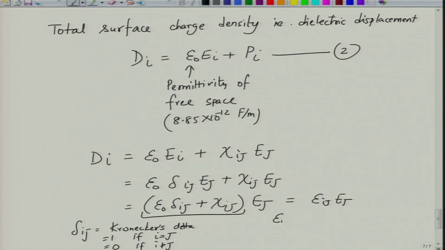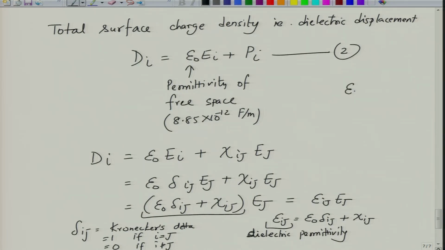So, epsilon ij is equal to epsilon naught delta ij plus chi ij, and this is basically the dielectric permittivity, which we were earlier writing in scalar form.